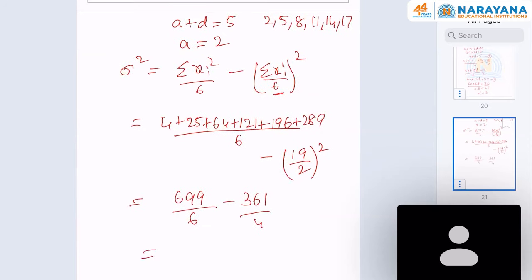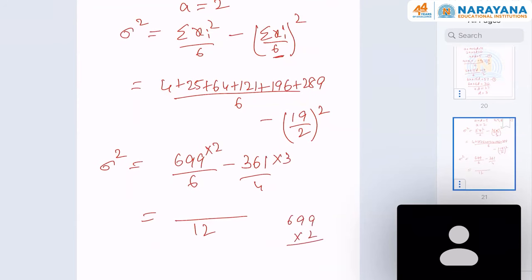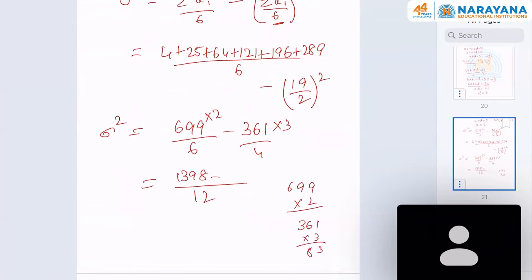So I'm taking the LCM here. 699 by 6 minus 361 by 4. So we have to simplify this. This is lambda square. So it is equal to 1398 minus 361 into 3, 361 times 3 is 1083, by 12.